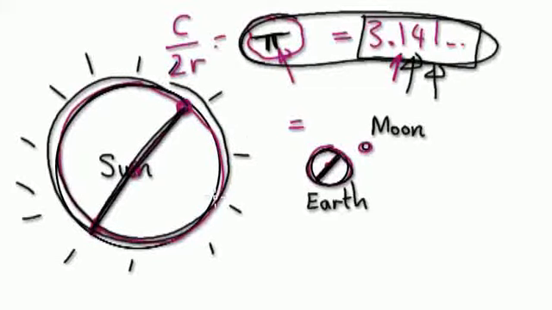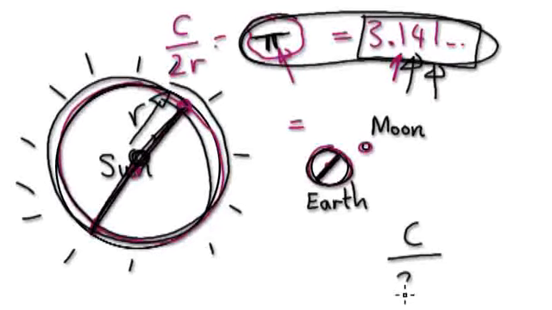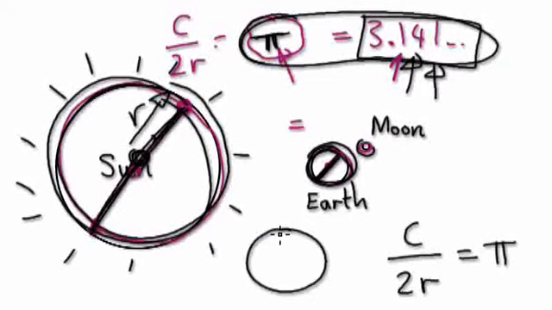If you get the circumference of the sun, let's say C, and then you divide it by 2r, where you would measure this distance here, which is r, and then times 2, you're going to get what's called pi. And it works for Earth, Moon, basically any circle. If you get the circumference of the circle divided by this distance here, which is 2r, you're going to get pi.